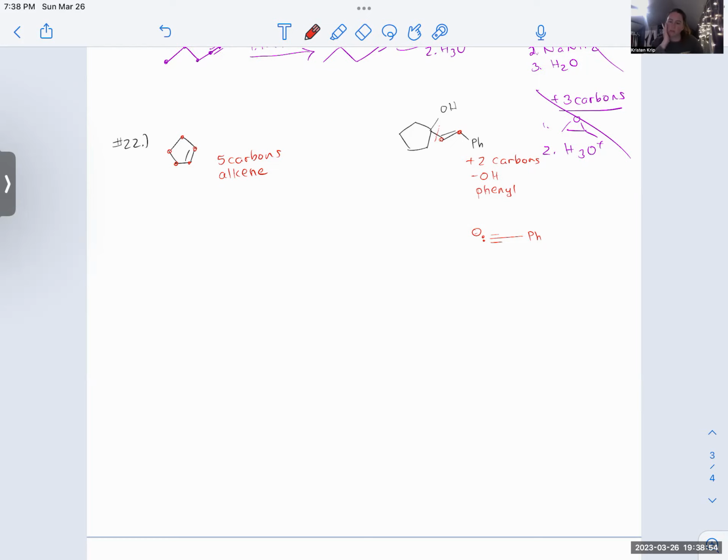This is kind of a weird one. And we are going to want to get rid of that alkene on the ring. So let's talk about different ways to get rid of an alkene.